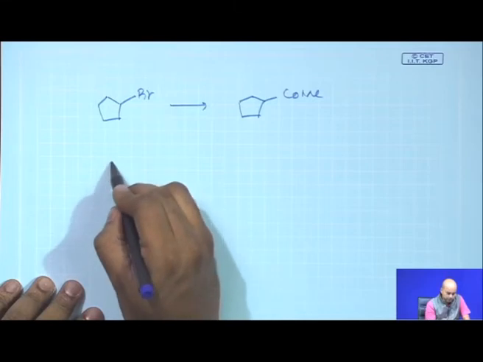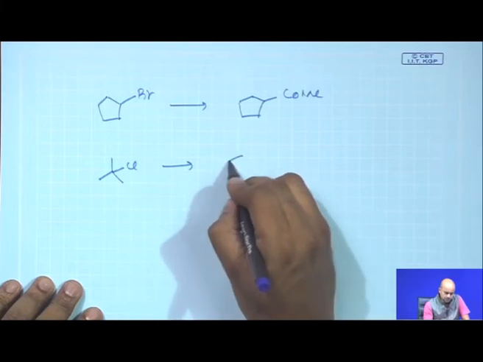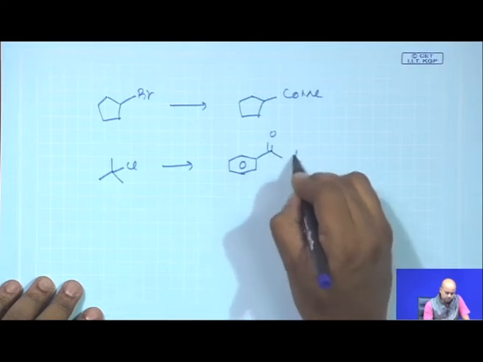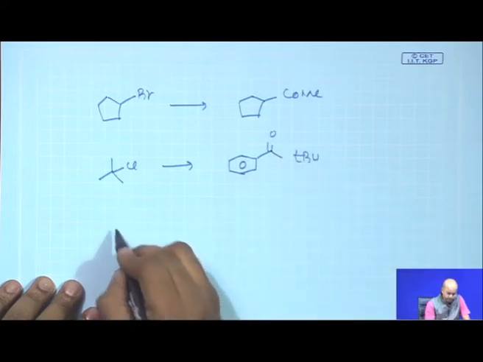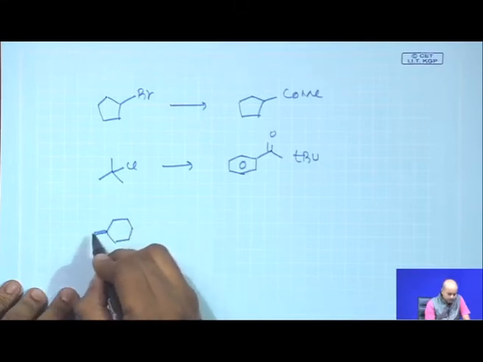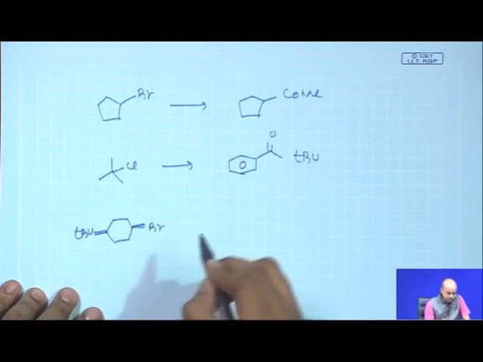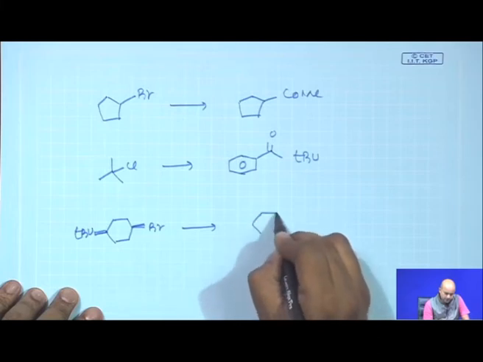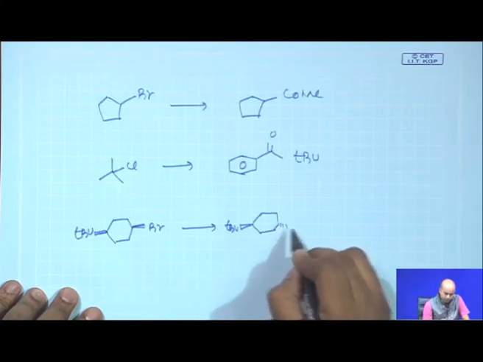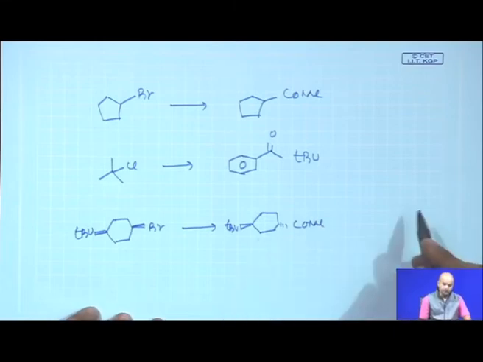The first one is simple, the second one I am giving you this one, the third one the tertiary butyl and the bromide, which has been converted to the corresponding tBu COMe. Now, if we analyze, all the problems are basically based on synthetic equivalents.